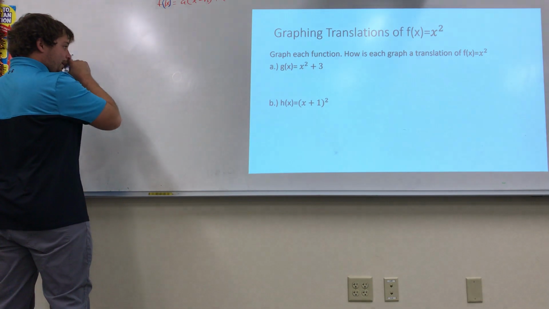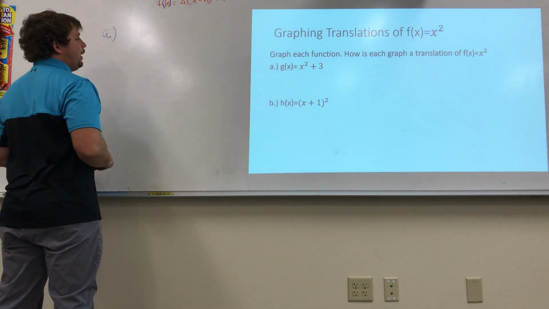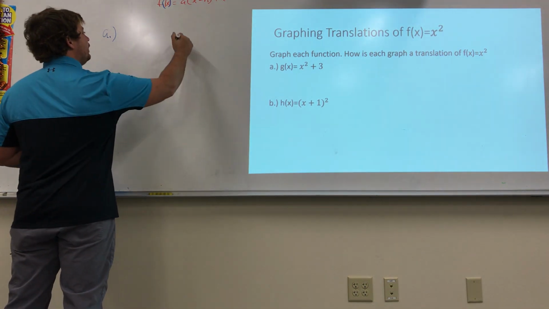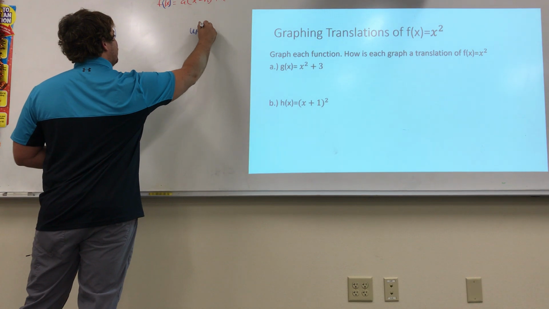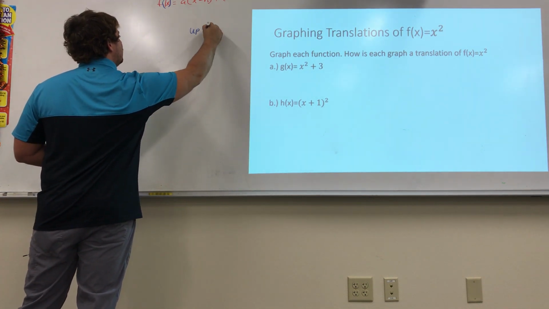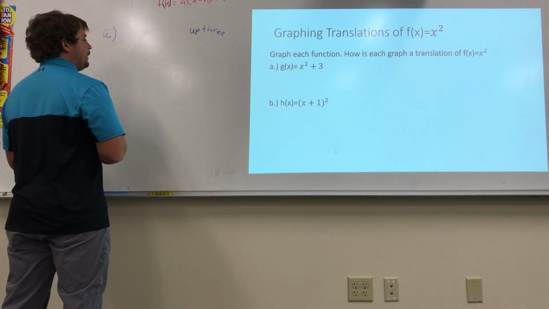If you recall from absolute value, that is going to tell me it is up 3. So up 3 is what we're looking for. So I did the translation of what happened there.